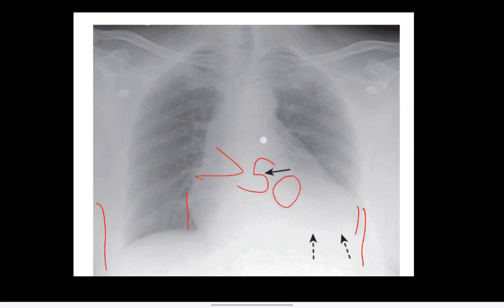So there is cardiomegaly. Unfortunately, this is an anterior posterior radiograph, which is not the suitable radiograph to assess the cardiothoracic ratio, but you are right, it is visualized as cardiomegaly because the cardiothoracic ratio is more than 50% in this image. So this patient might have cardiac failure because of the enlarged size of the heart.